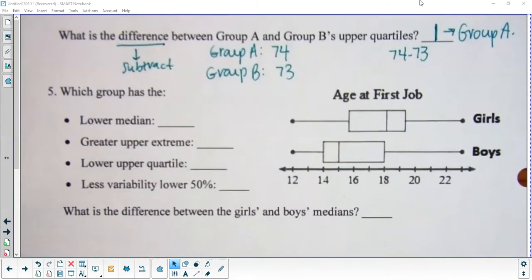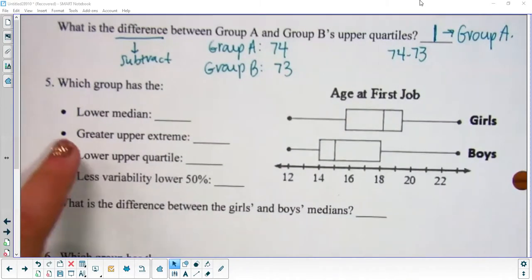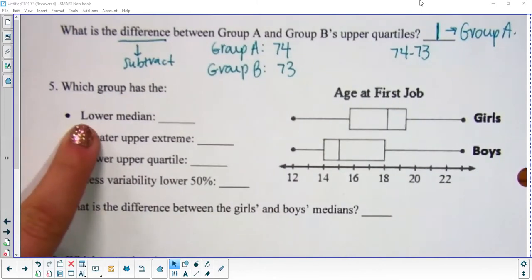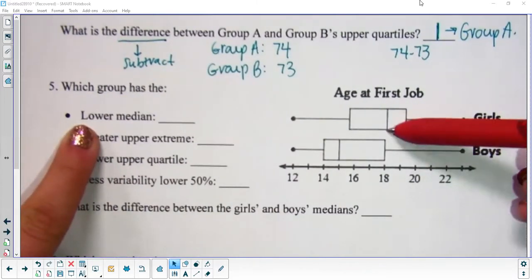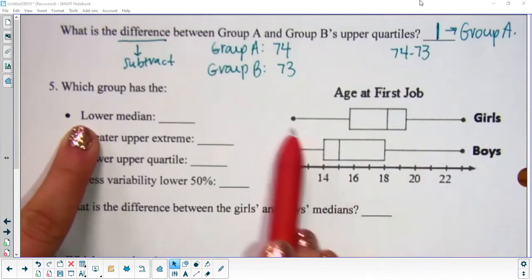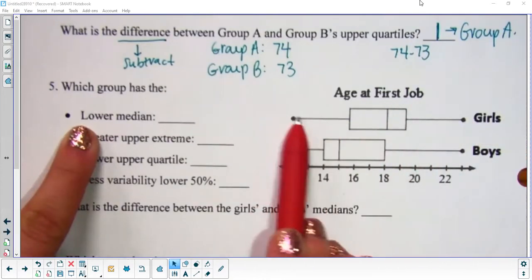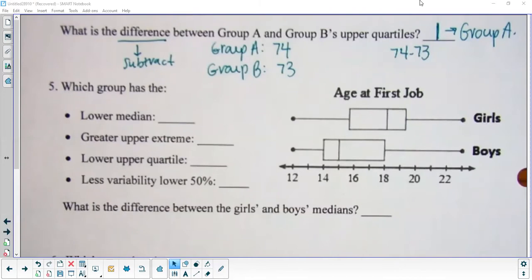All right, let's move on to question number 5. We're going to talk about girls and boys' ages of their first job. All right, so looking at the median, I want the one that has the lowest median this time. So here, right off the bat, I noticed that my girls box is really together, and my whiskers are pretty even.